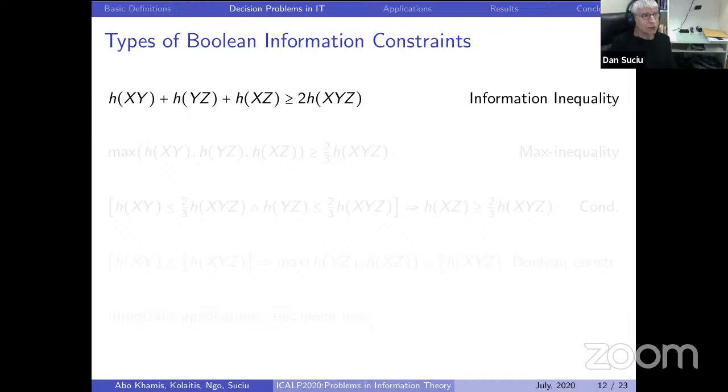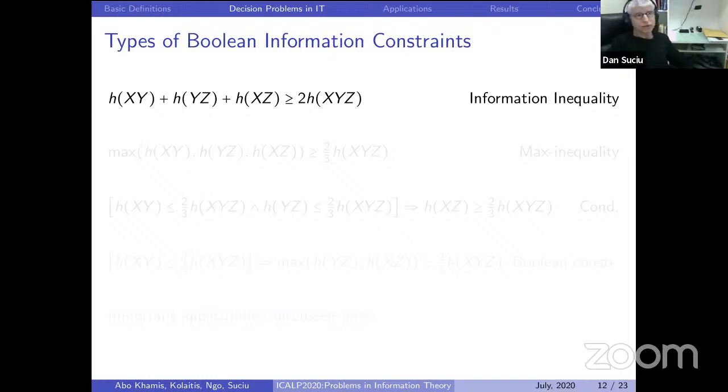It had been conjectured until the mid-90s that all these inequalities can be derived from the basic Shannon inequalities, which are submodularity and monotonicity. In the late 90s, Zhang and Yeung gave the first example of a linear inequality over 4 random variables that is not a Shannon inequality.